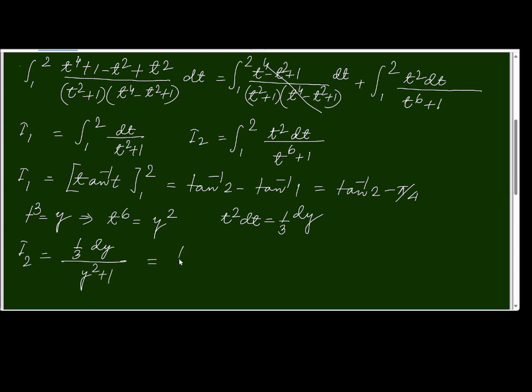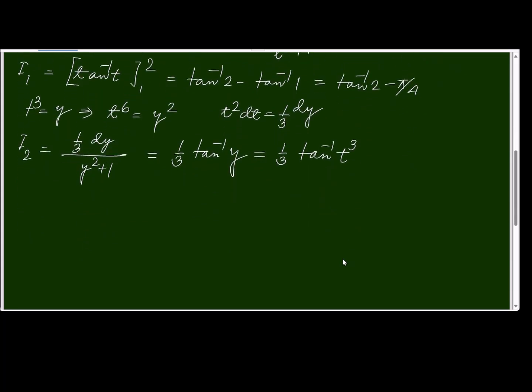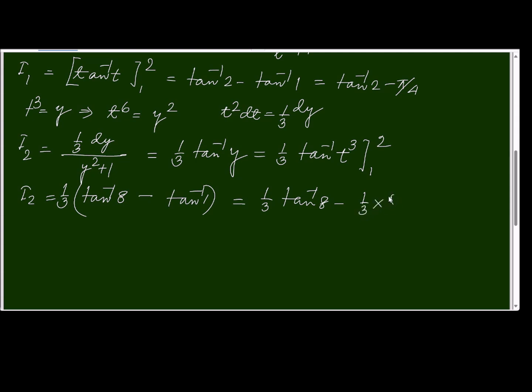This is same as 1 by 3 tan inverse y. Tan inverse y equals 1 by 3 tan inverse t^3, and this is from 1 to 2. So I2 equals 1 by 3 tan inverse 2 cubed, that will be 8, minus tan inverse 1. Tan inverse 1 is again pi by 4. So 1 by 3 tan inverse 8 minus 1 by 3 into pi by 4.